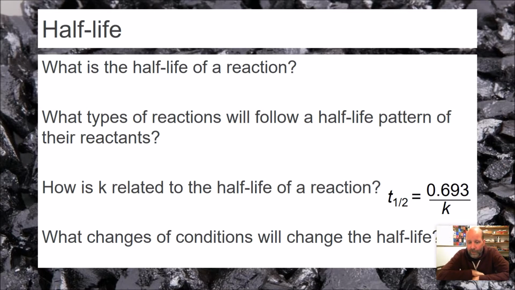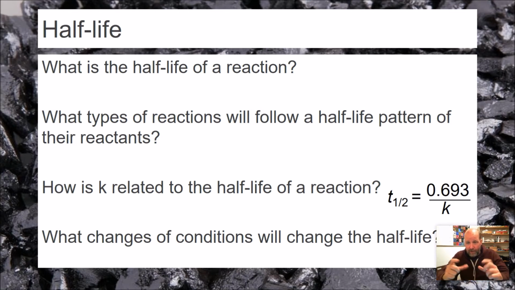So what types of reactions follow a half-life pattern of their reactants? These are first-order reactions. So they tend to be decomposition reactions. I mean, think about how you're going to get a rate law that ends up with an overall order of the reaction of being first order. It's going to happen when you have only one reactant.